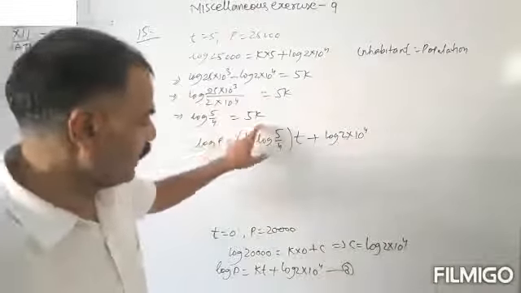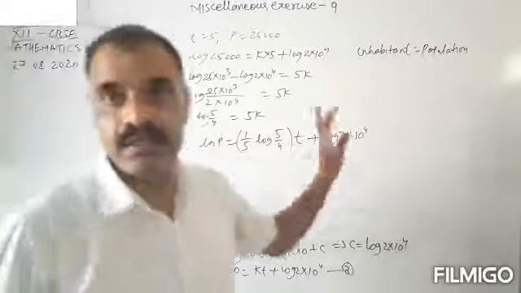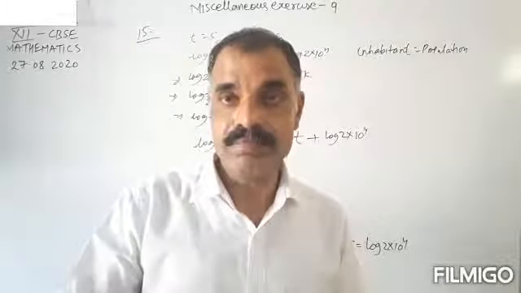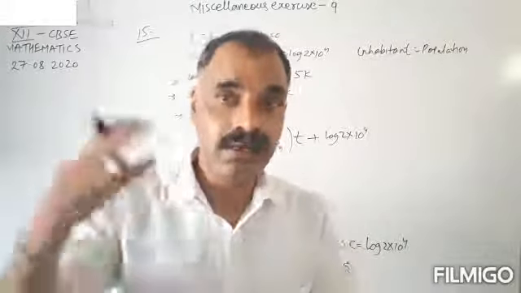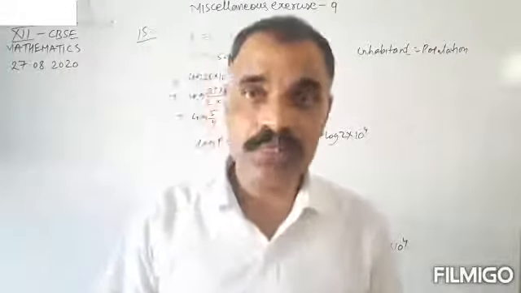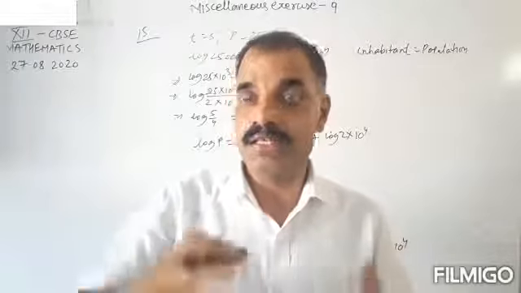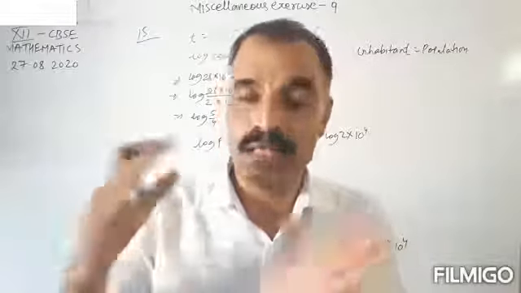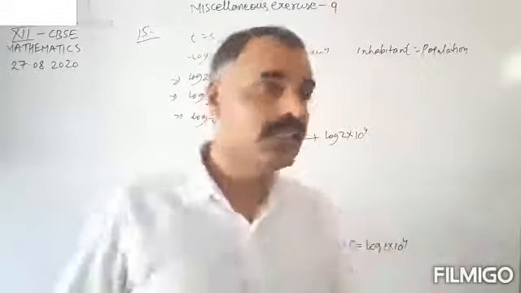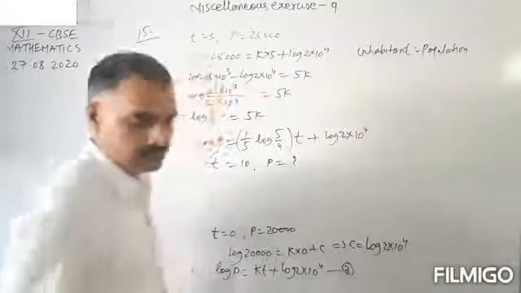So this is the relation between population and time for the village. Now the question is, what is the population of that village in 2009, that is, after 10 years. After 10 years means t equals 10. We have to find the population p.